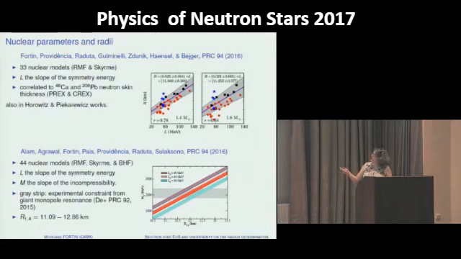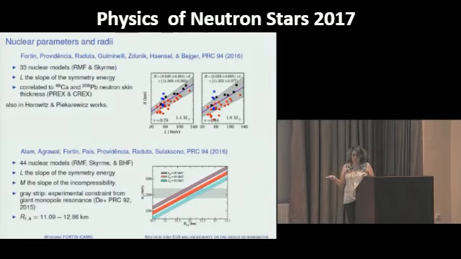And so in this paper here, we played the game of using a large set of equations of state, and we find that indeed there are correlations between the radius and the slope of the symmetry energy. And what is interesting is that this slope could potentially be measured in the next few years in laboratories, thanks to the measurement of neutron skin thickness.